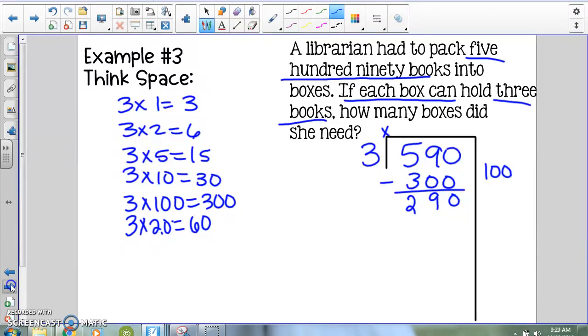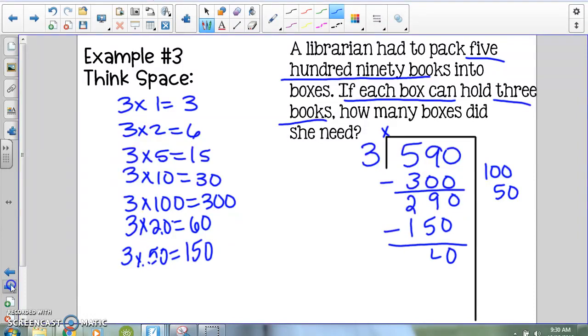But let's say that I recognize that 3 times 5 is 15, and so 3 times 50 is 150. I could use 50 and subtract 150. And I'm left with 140.